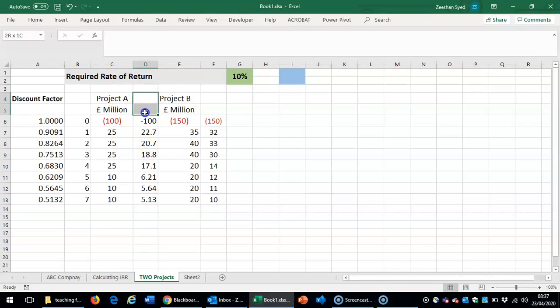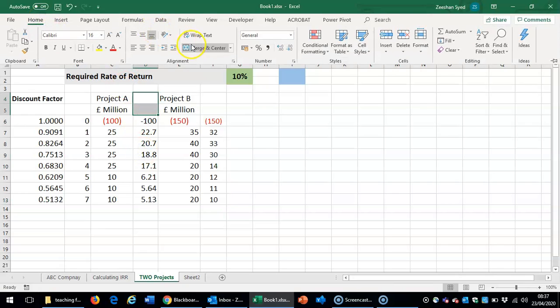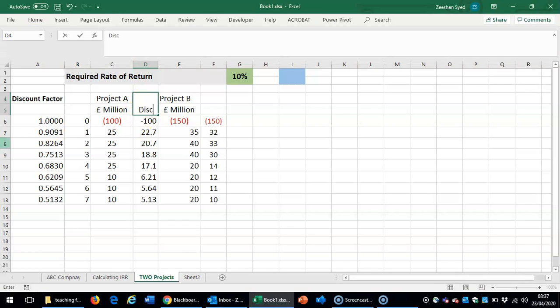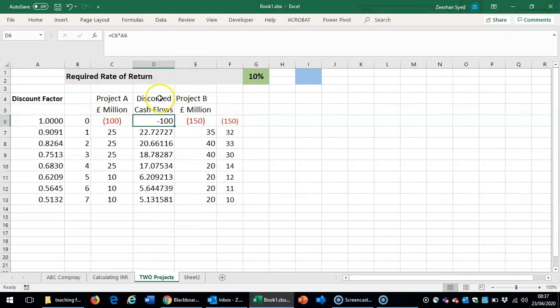Here you can call this thing discounted cash flows. You remember now?